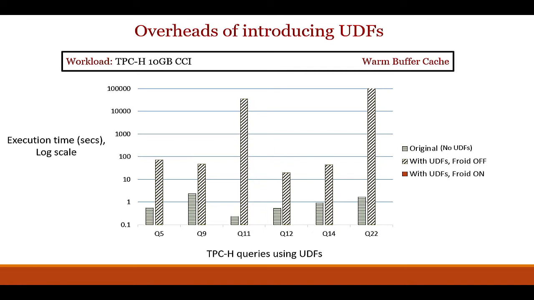But here we have not done the Froid optimization. Now with Froid, the third bar shows that we pretty much get back the same performance as though there were no UDFs in the first place. So basically we were able to overcome all the overheads of introducing UDFs.